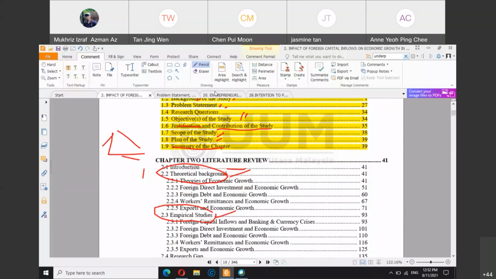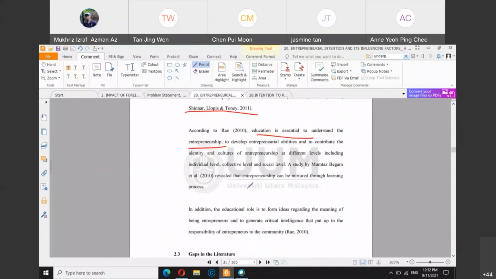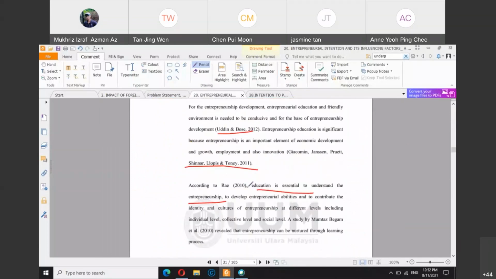So you can see here, for example, under education, according to Ray 2010, in each section you may want to use at least 2 or 3 journals that provide evidence on education as a factor to promote entrepreneurship.